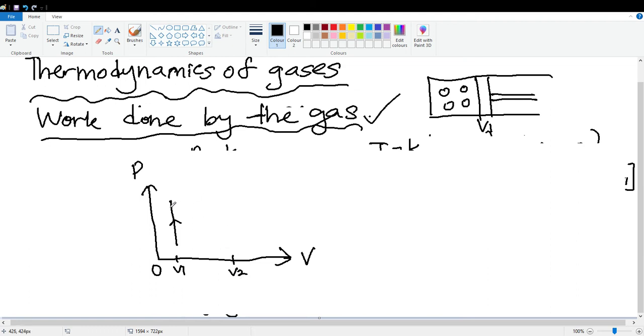As for the second process, this is the isothermal process. As for the third process, this is the isobaric process, which moves back from V2 to V1. So the total work done is actually in this area.